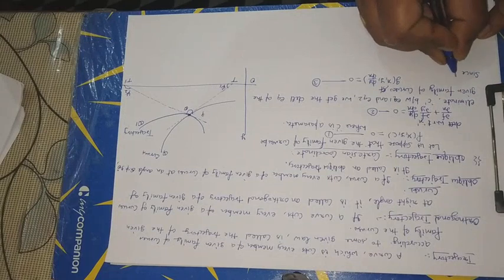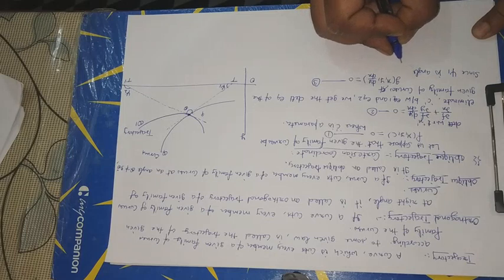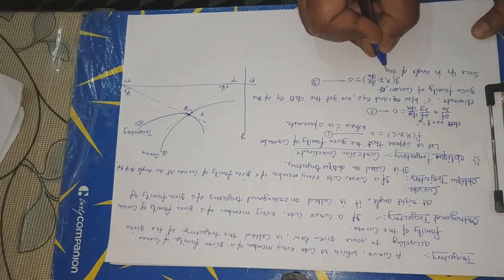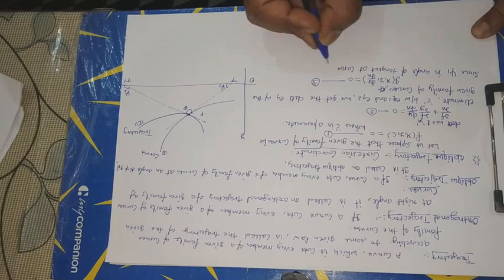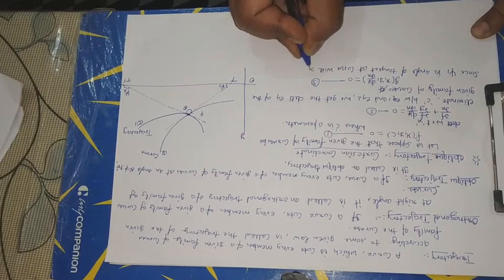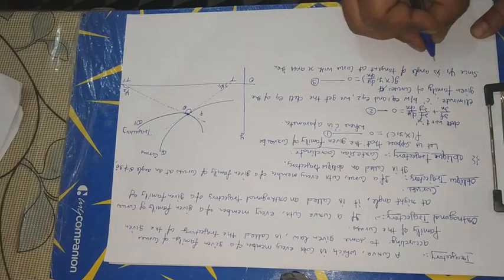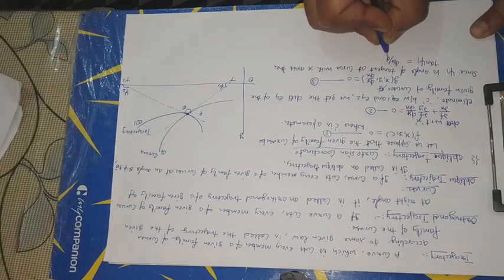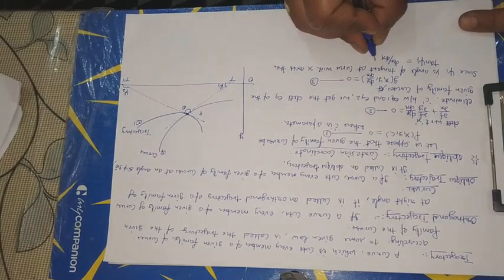Since psi 1 is the angle of the tangent at the curve with the x-axis, we can write tan psi 1 equals dy by dx. We will represent this as equation number 4.